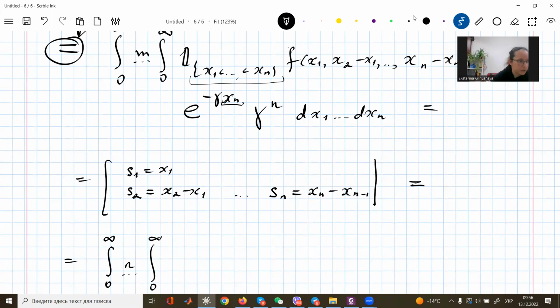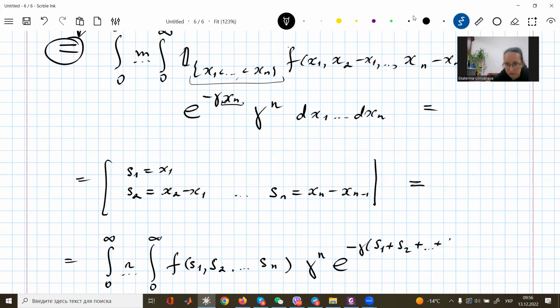So now I don't have this indicator. I have just f from s1, s2, and so on, sn. And here I have gamma to the power n, e to the power minus gamma, here s1 plus s2 plus and so on plus sn, ds1, dsn. And that's all.